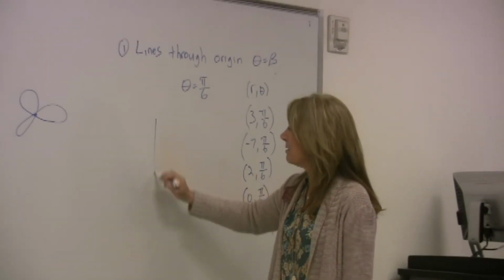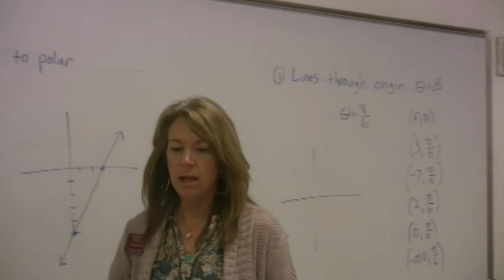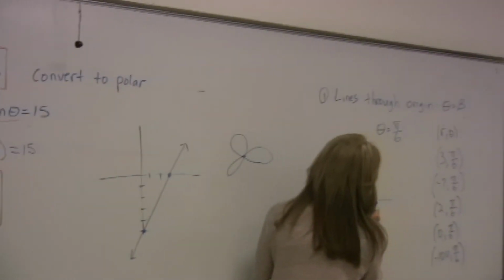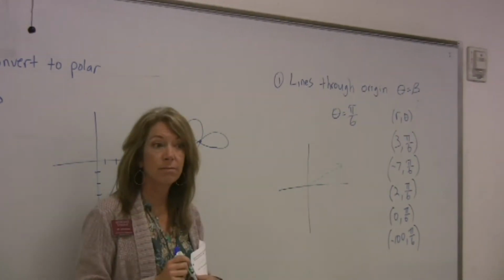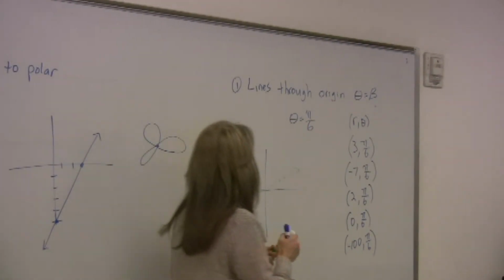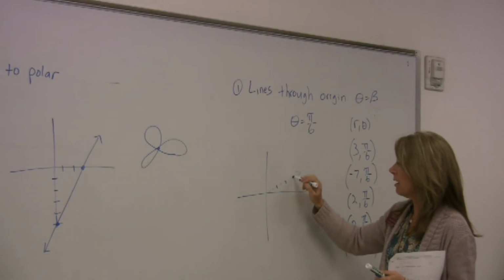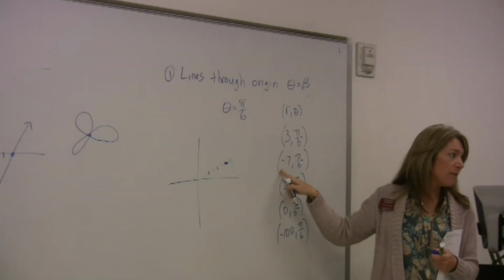So let's talk about this. Pi over 6 is looking in this direction, 30 degrees roughly. So I could go out here a distance of 3. Let's make that 3 right here. What do I do for -7?